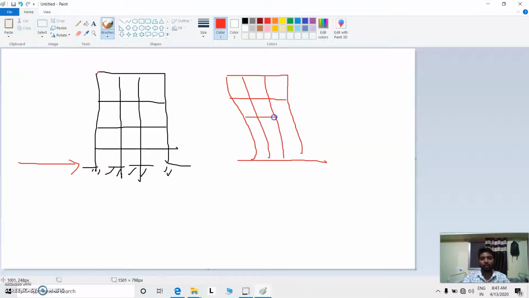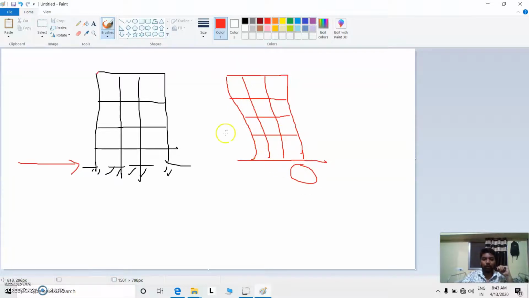This inertia force will be transferred from the base to the top of the structure, and then from the top it will travel through the structural members to the ground.